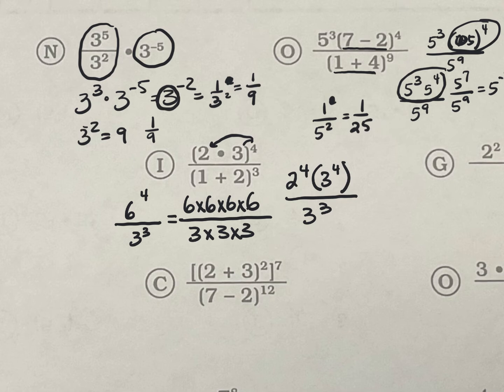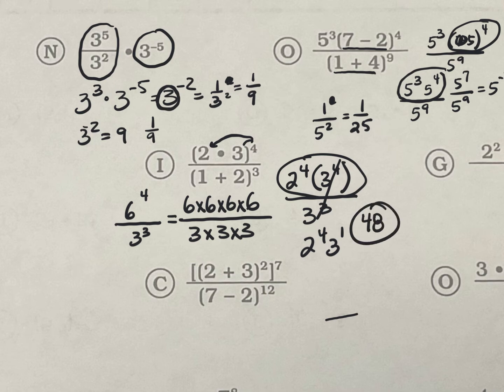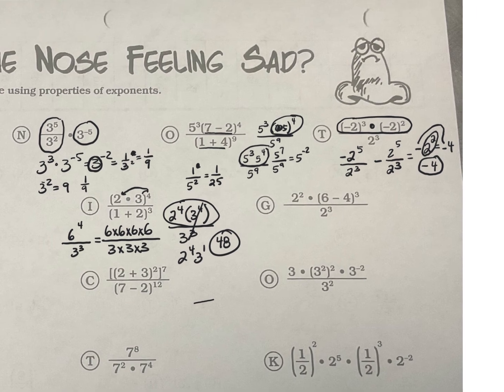Because this is one term, you could have technically subtracted these and said that this was 2 to the 4th times 3 to the 1st. Either way, it would have been 2 times 2 times 2 times 2, 4, 8, 16, times 3 is 48. That was the answer. Kind of a tough one.